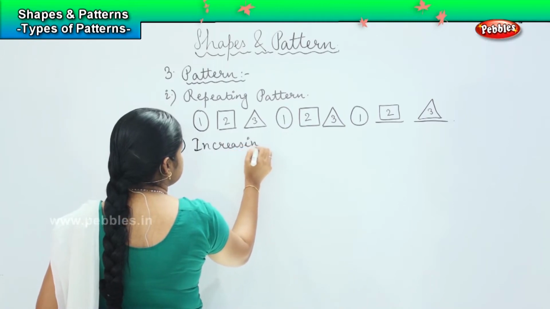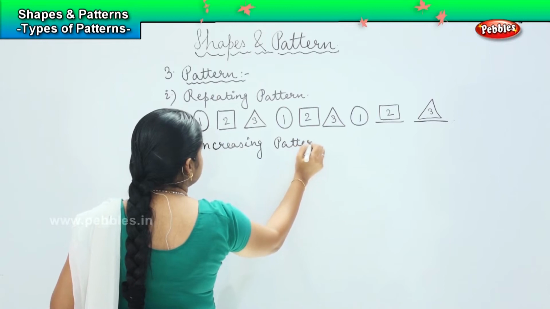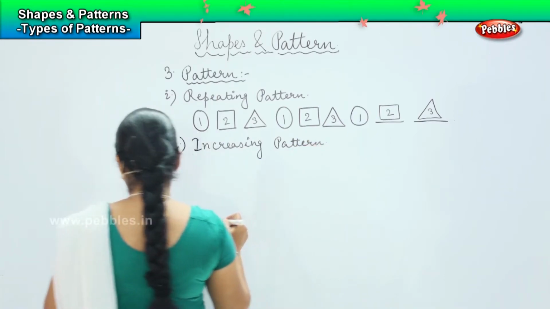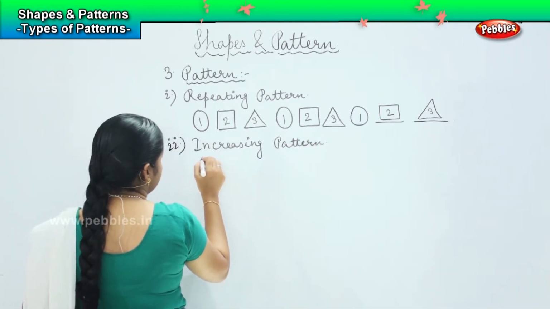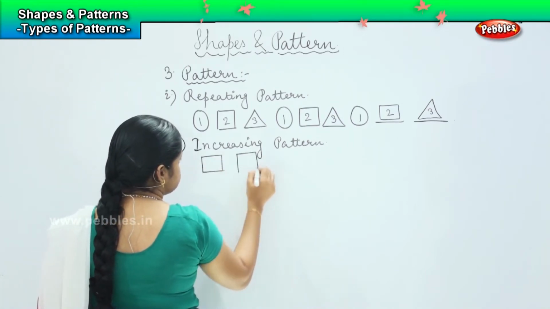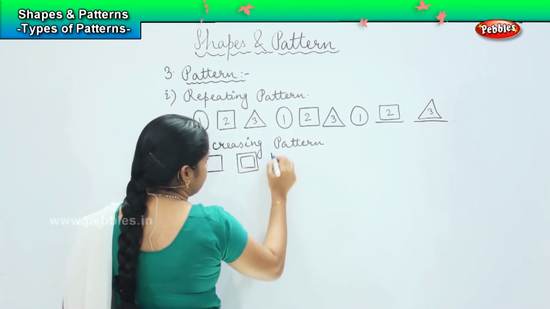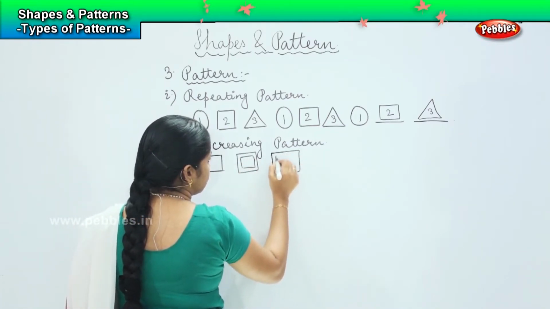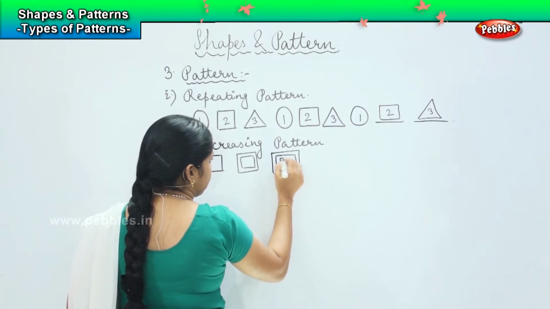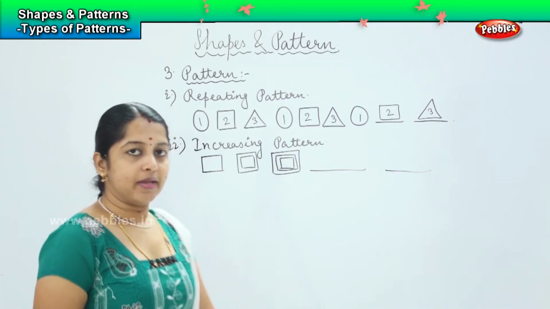So, as the name suggests, the pattern given keeps on increasing by its number. Say for example, I draw here one square. Okay. The second one I draw two squares. The third one I draw three squares. And say I give you a dash, a dash. So, what will come here?